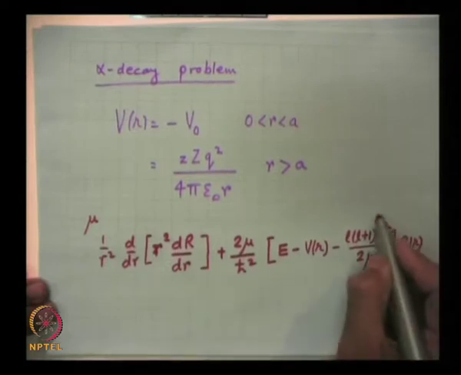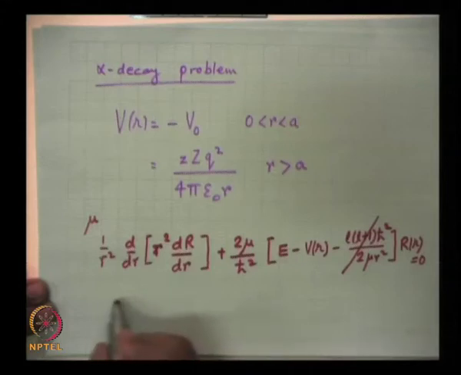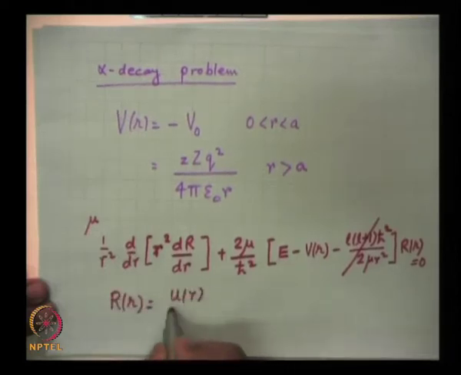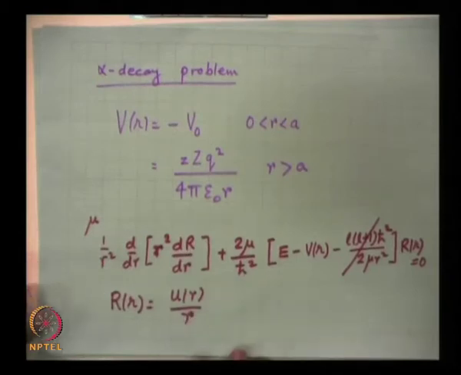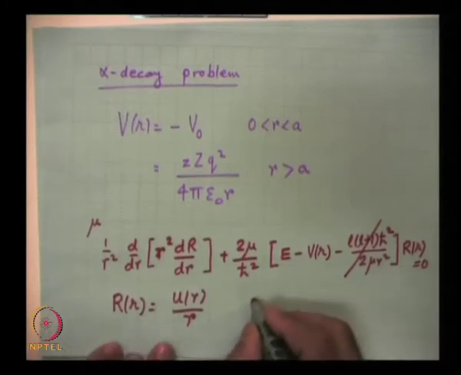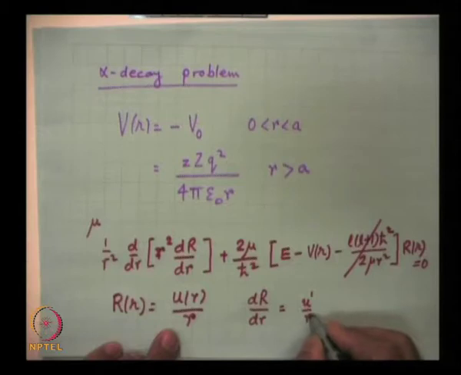So, I assume L to be 0, zero angular momentum, and then as we had done before, I define a function small u of r through this relation, R of r is equal to u of r by r. Let me do the algebra. Therefore, dR by dr is equal to u prime by r minus u by r square.